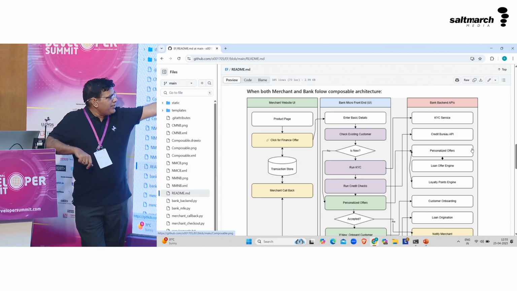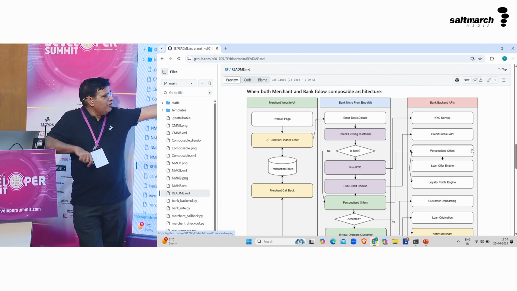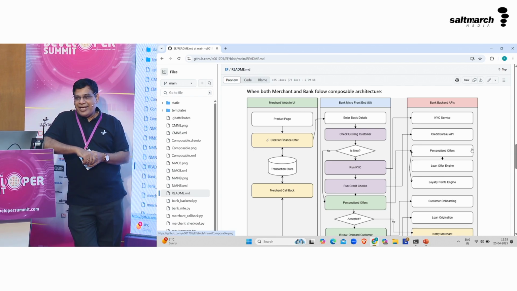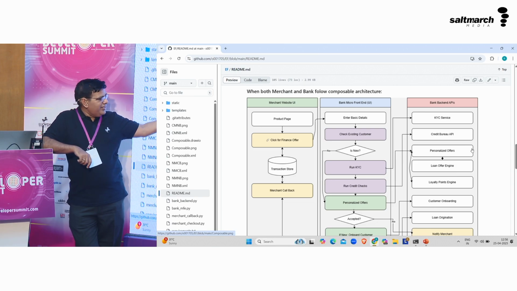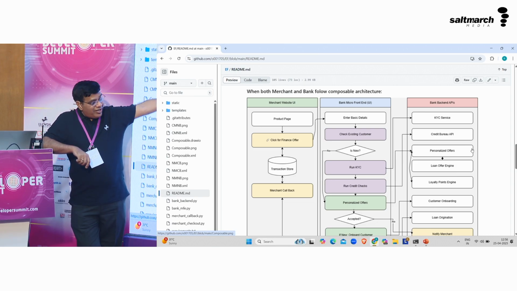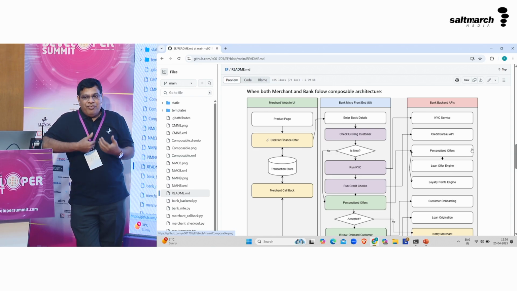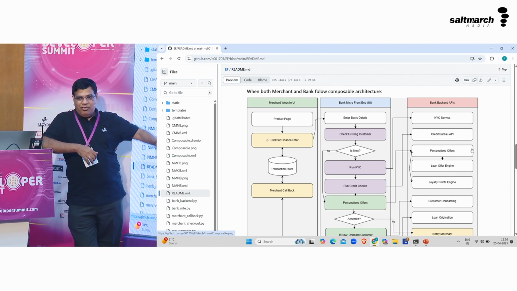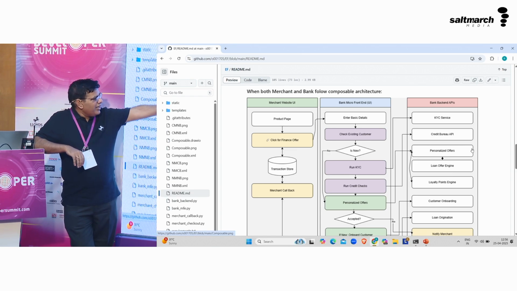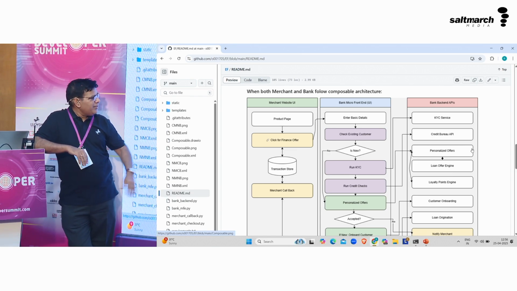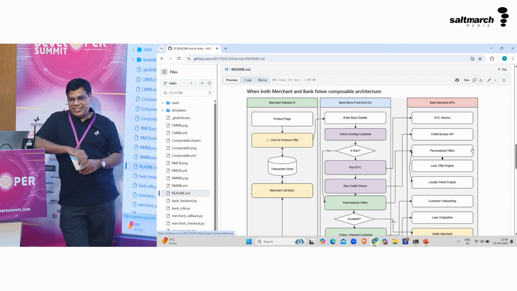Then the merchant side invokes an API on the bank's micro front end and says, okay, give me the micro front end. And there, either they can pass the phone number, or if they don't have any of the customer ID details, and if we want to maintain the security, we can actually collect them on the bank side also. So the bank gets basic details of the customer, then says, okay, are they an existing customer?